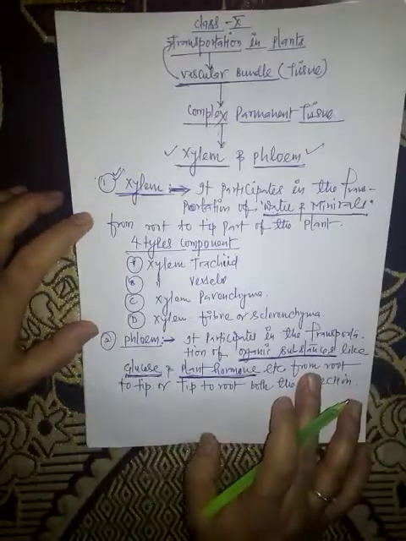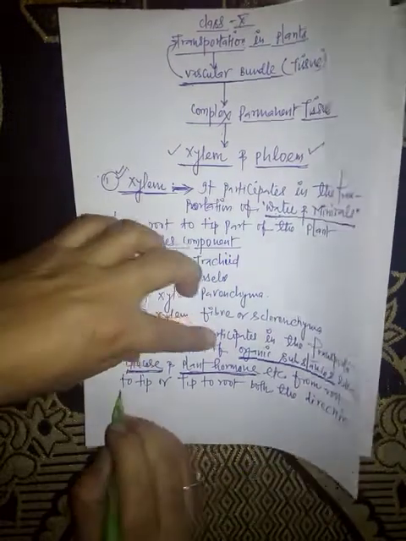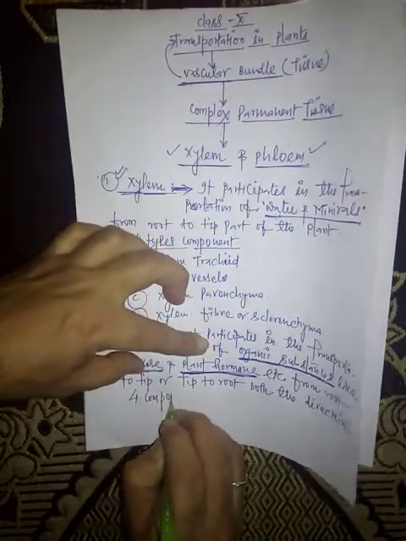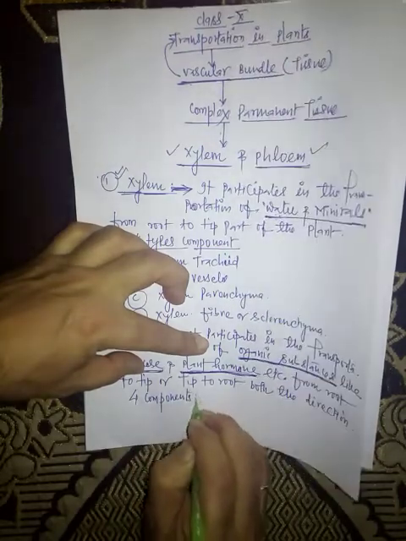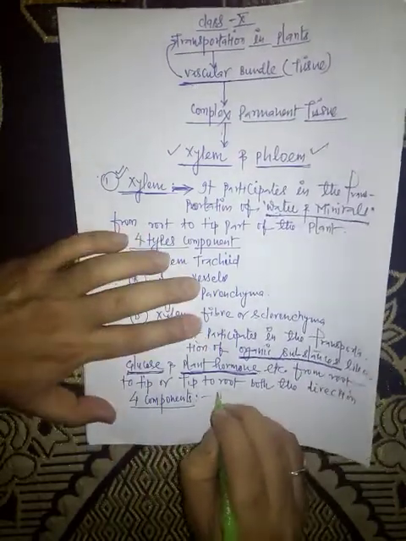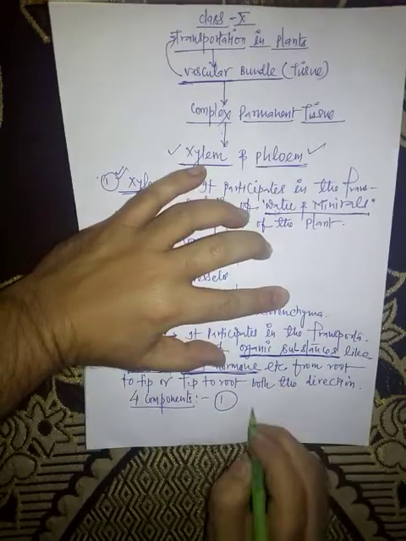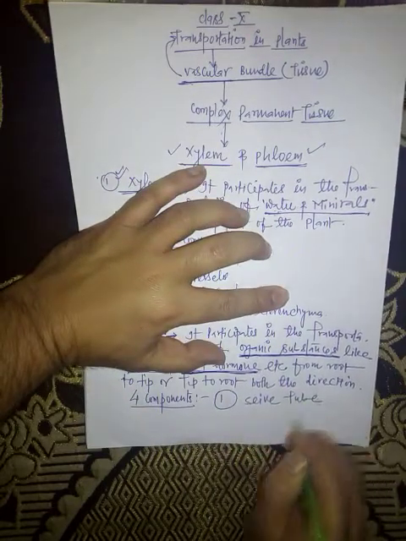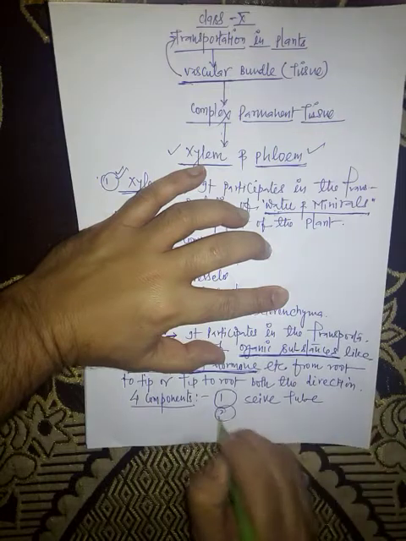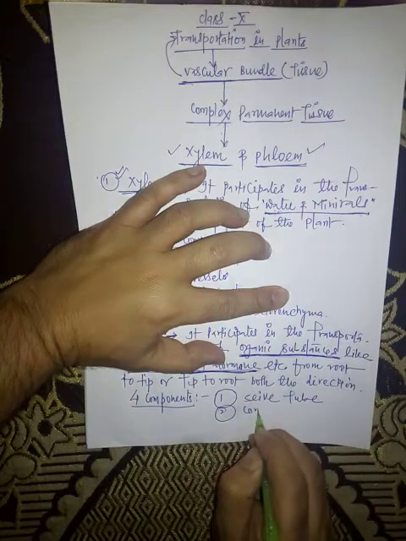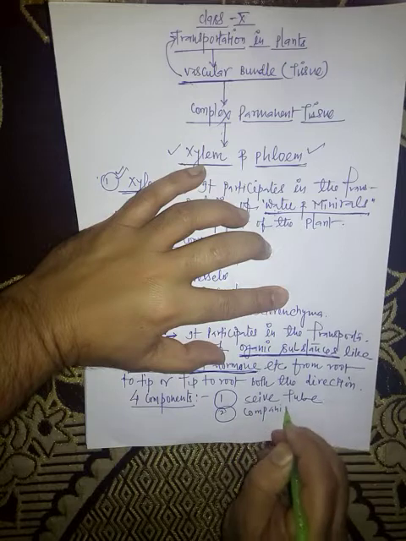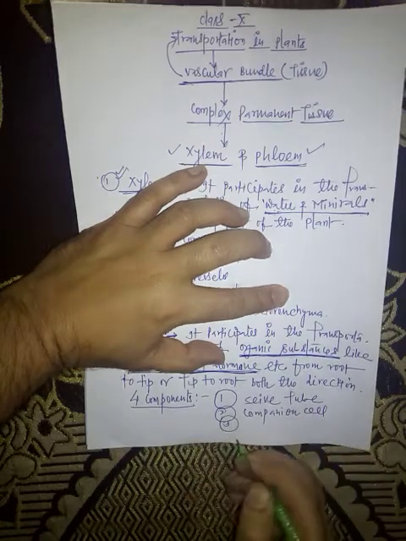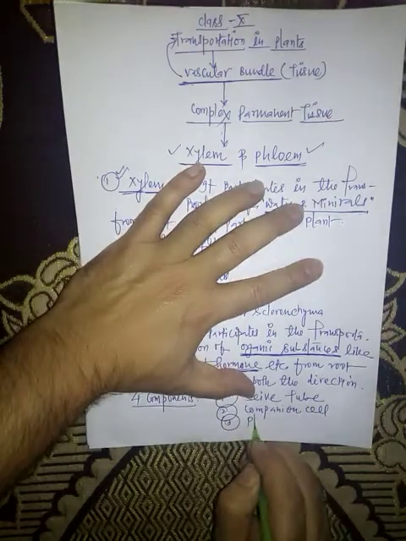And it is also made up of 4 components, which are the following. Number 1, sieve tube. Number 2, companion cell. Number 3, phloem parenchyma.